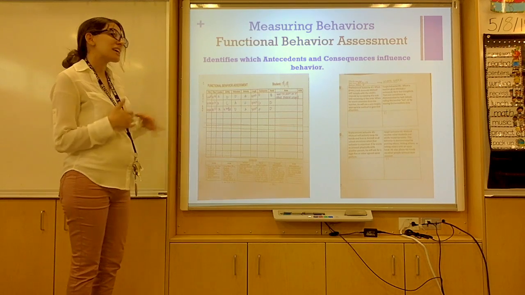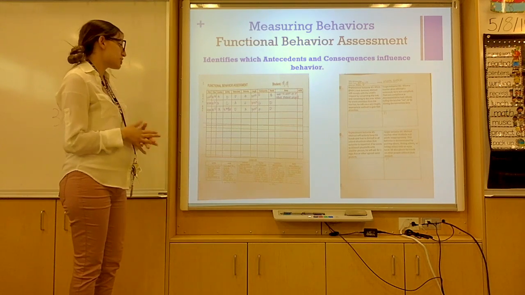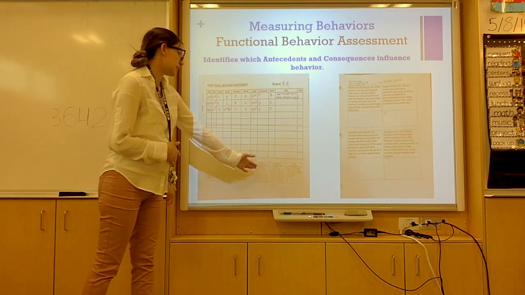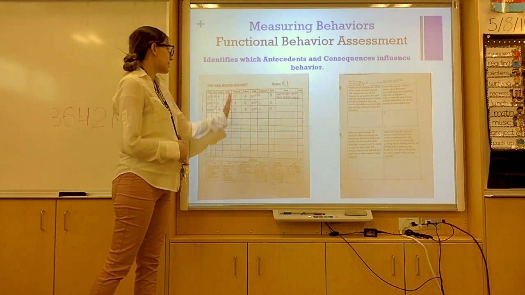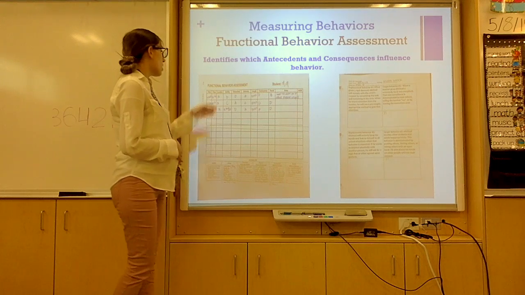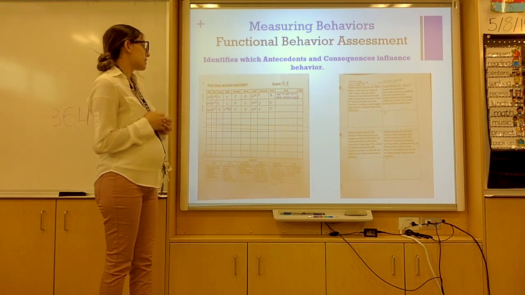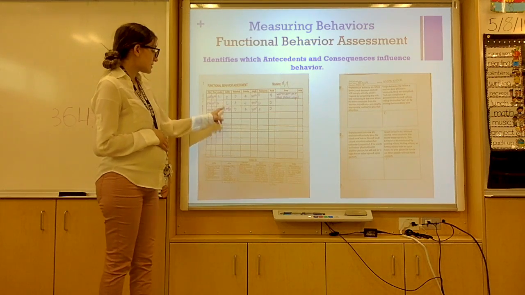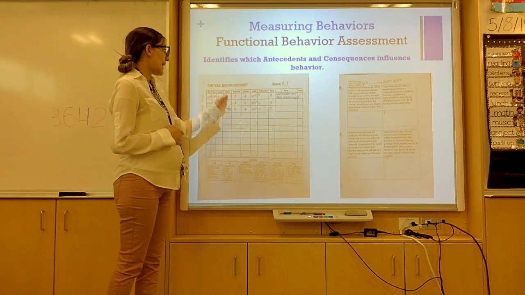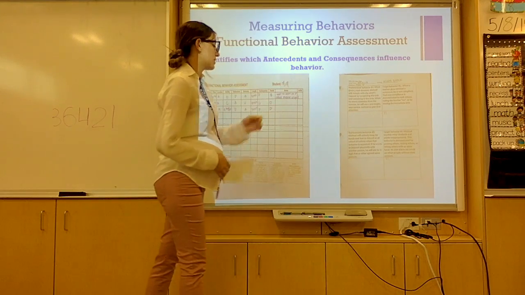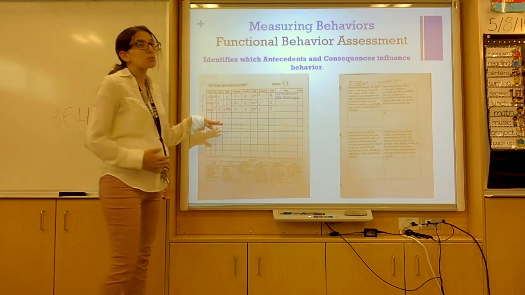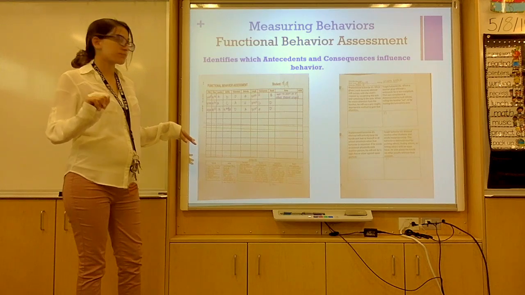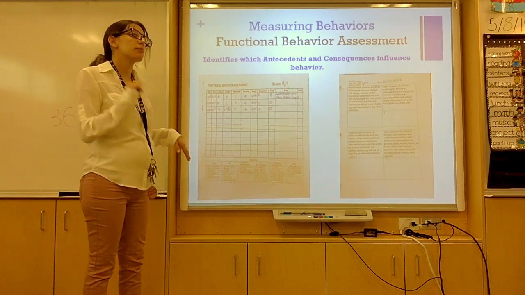This is similar to the ABC data, except that it just uses a coding key to implement everything. So I have my date and my time right here, the location of where it happened, the activity it was, and my antecedent behaviors and consequences. Now, as we did this, we had to see which ones were occurring the most.